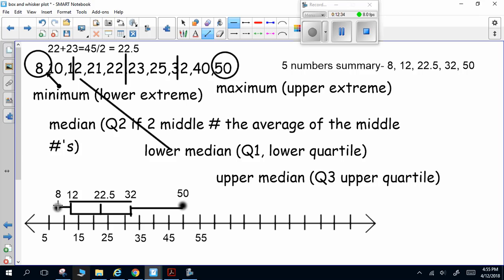So the range of this data goes from here to here, so that's 42. But like I said, this distance here is 4, but it still contains those 2.5 numbers versus this distance back here, which is 18, and that contains the 2.5 numbers. So if I'm looking at my data, a lot of this data is kind of clumped up together.